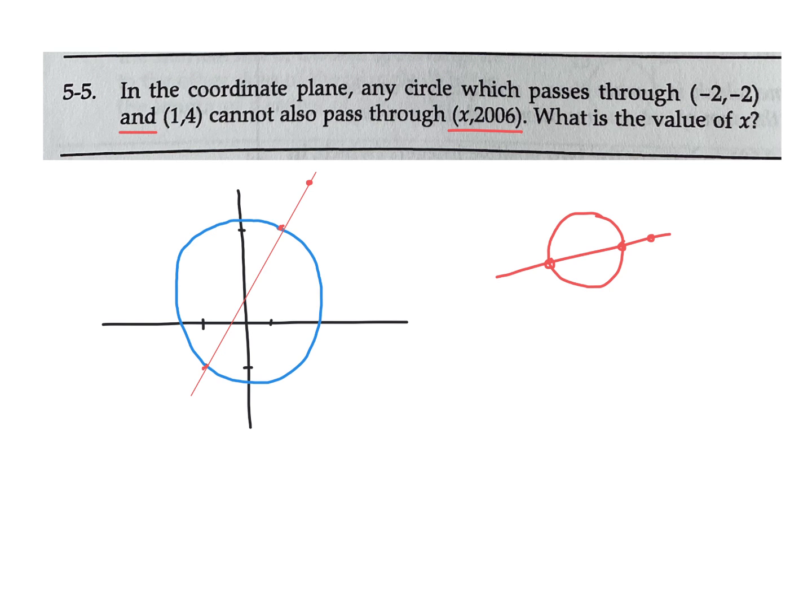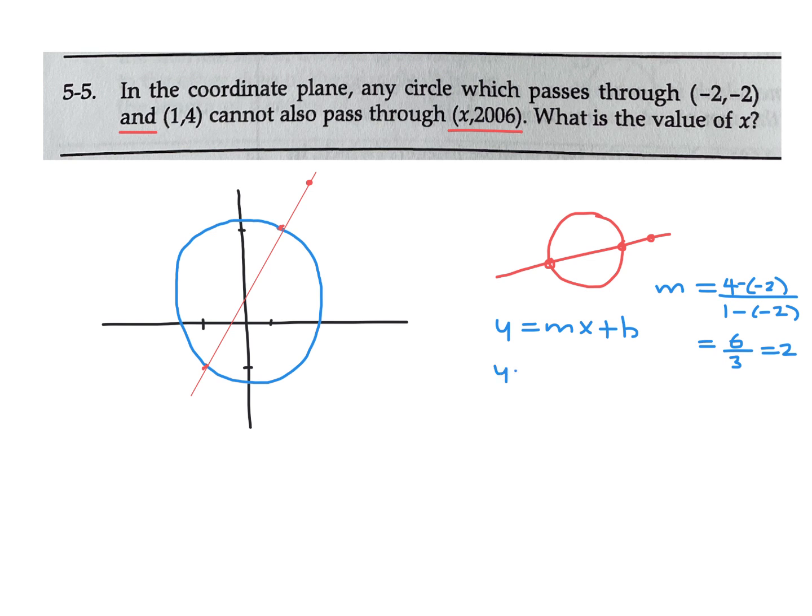So first we have to figure out the equation of the line, which shouldn't be a problem. y is equal to mx plus b. m is the slope, so rise over run. So what's that? 4 minus 2, and then 1 minus (-2). So that's going to be 6 over 3, which is 2.